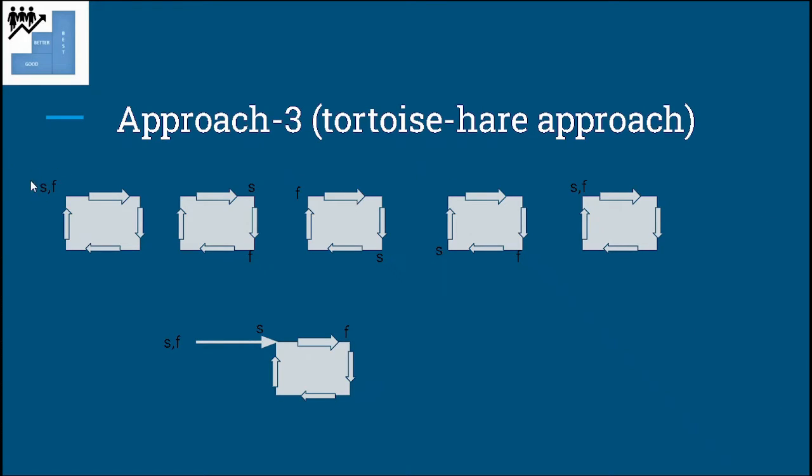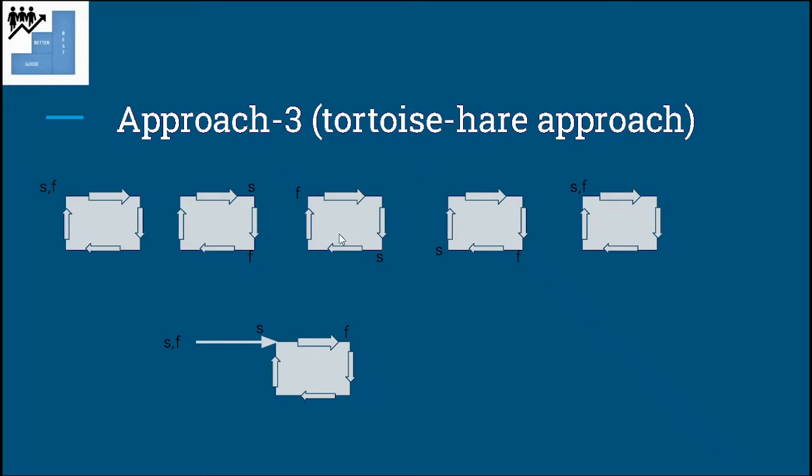So for example, let's consider a cycle of 4 points. All right. Now, if slow and fast pointers start from a particular point and slow moves one point at a time, right, and fast moves 2 points at a time, then the distance covered by the fast pointer would be twice the distance covered by the slow pointer at any instance, right?